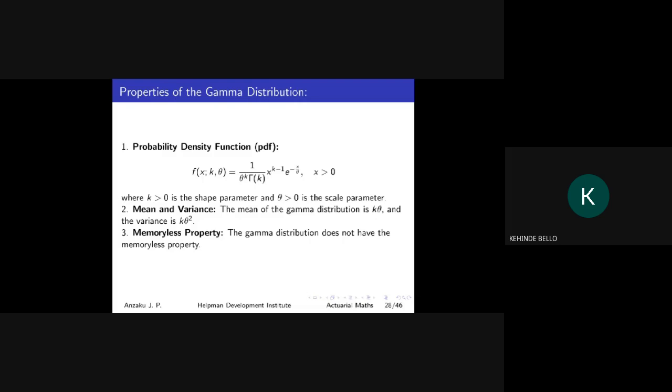So therefore our new function when k equals 1 becomes 1 over theta times e to the power of minus x over theta, which is the exponential distribution, having 1 over theta as the inverse rate parameter.